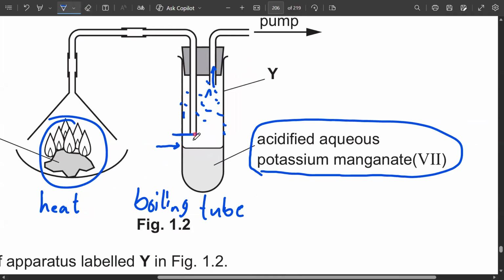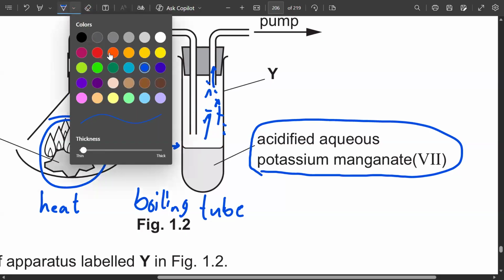So there is a problem here. The gas may not come in contact with the liquid completely. Rather, the gas can go even in the upward direction. So this is the error here. We must indicate the area that is an error in this apparatus or this setup.